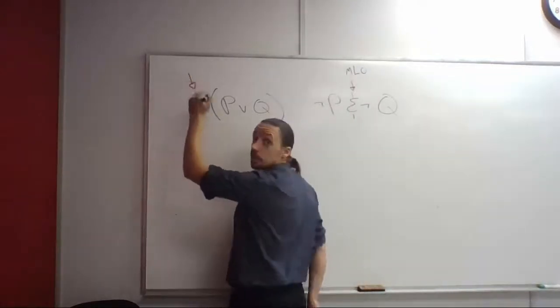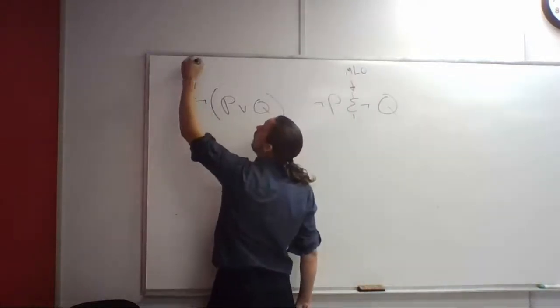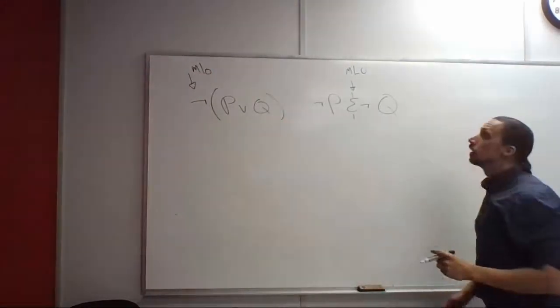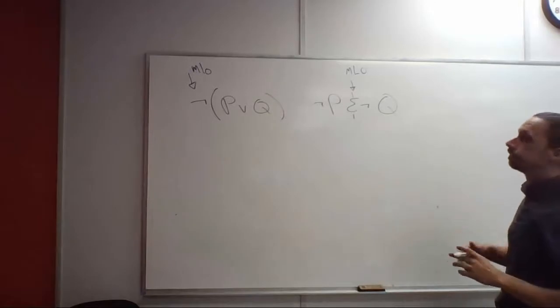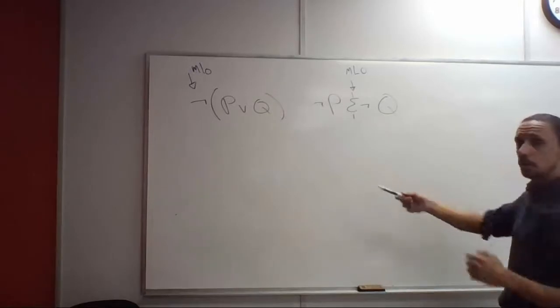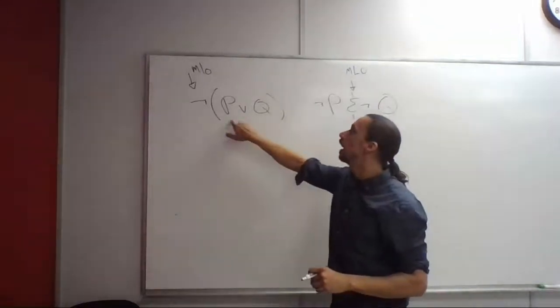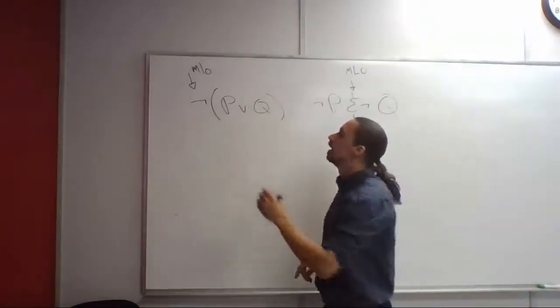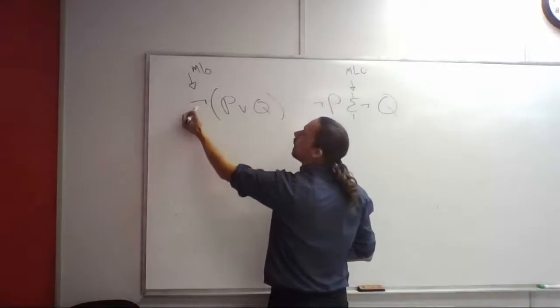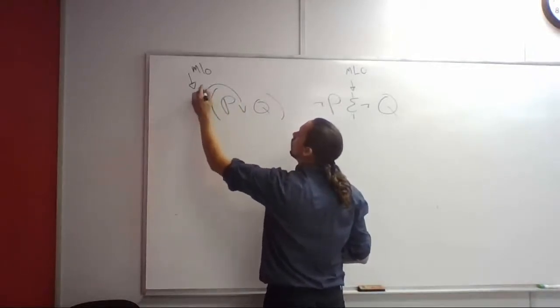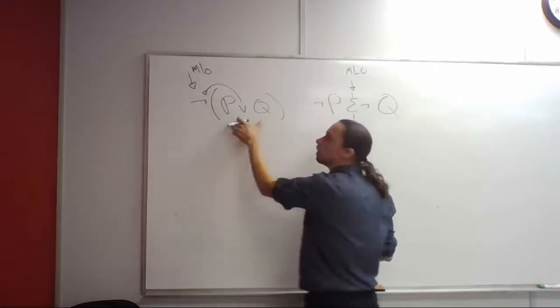However, for here, it's the negation, the MLO, main logical operator. So let's complete the truth table here. Which one should we do first? Why don't we do the neither P nor Q? It is not the case that what? Either P or Q. So the brackets mean that where is the value of the negation coming from? It's coming from the value of the OR. Where is the value of the OR coming from? From the P or Q.